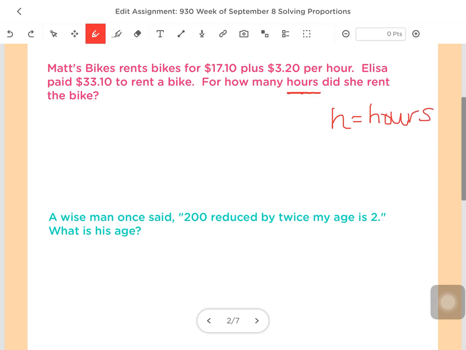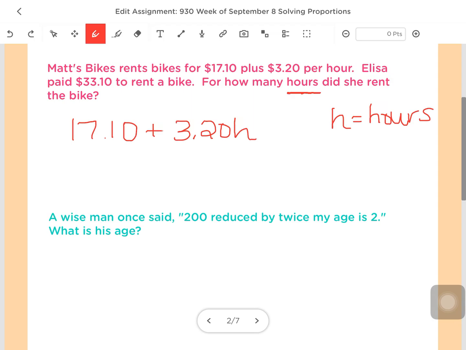You could have chosen a different variable, but in this case I'm just going to use one to be consistent here. So Matt's Bikes is $17.10 plus $3.20 per hour. So when you hear the word per there, $3.20 per hour means it's $3.20 for every hour. So you would multiply $3.20 times the number of hours.